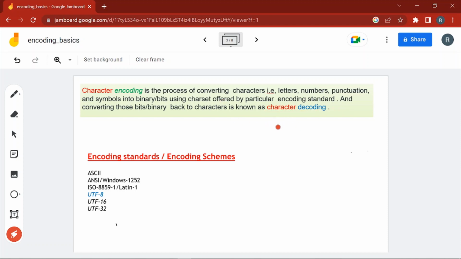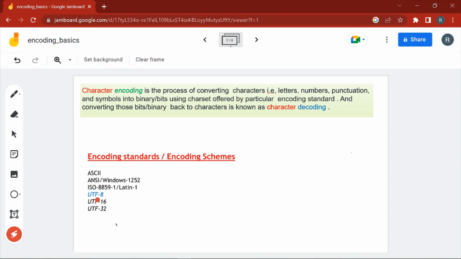Both these processes follow a particular encoding standard. We have a few encoding standards or encoding schemes available, and I have highlighted those here: ASCII, ANSI, ISO, UTF-8, UTF-16, UTF-32.